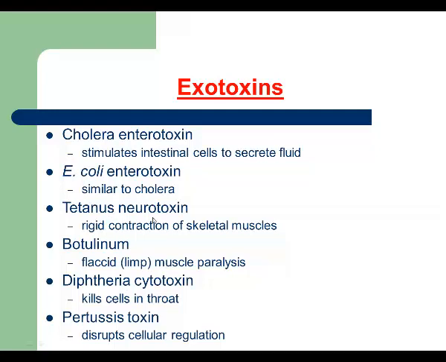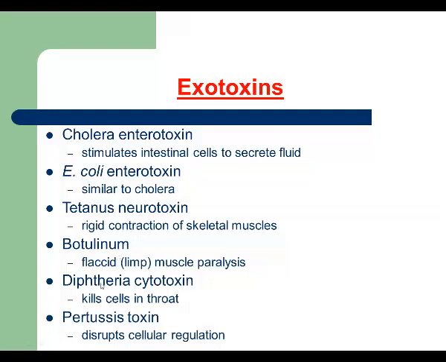Tetanus neurotoxin. We call it neurotoxin because it affects the nervous system of the infected individual, and it causes rigid paralysis. Botulinum neurotoxin also affects the nervous system and causes flaccid or limp paralysis.